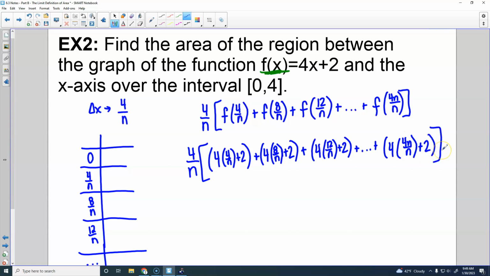I'm just plugging these values into whatever the function is. In this case, it's 4x plus 2.